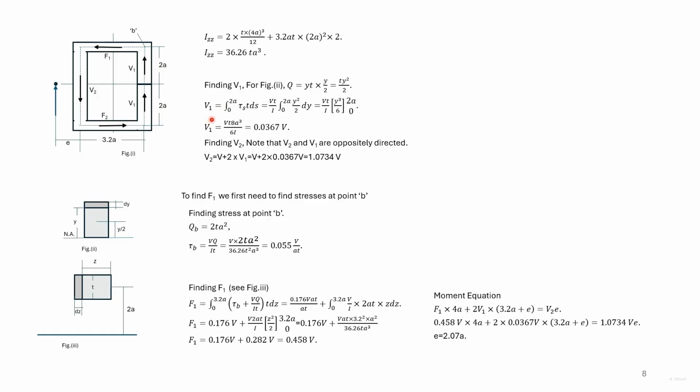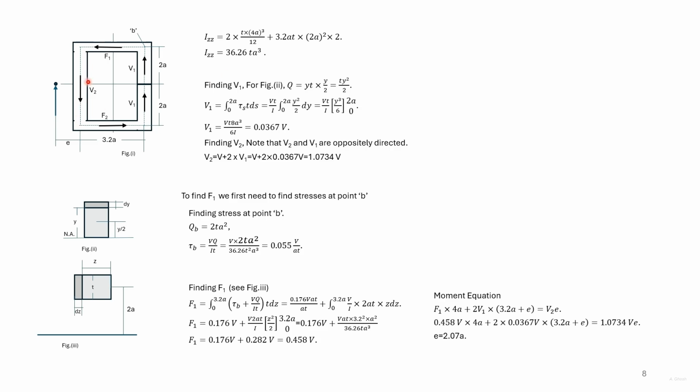To get V1, we integrate from 0 to 2a. We substitute Q. Here the integration is of y square by 2, and so we get y cube by 6. We then substitute 2a and Izz to get V1.